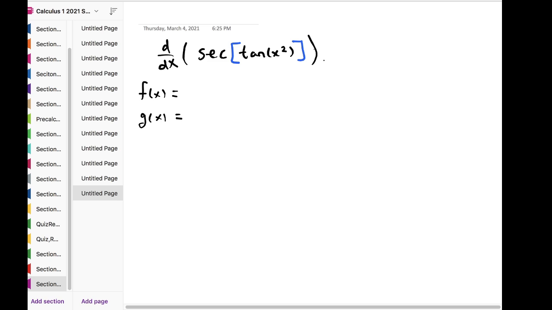Which is which? Is secant f or g? Yeah, f is secant. And what are you plugging into secant? Tangent x squared, yeah. Okay, what's the derivative of secant? We just did this, so that's secant tangent. Now, what is the derivative of tangent of x squared?